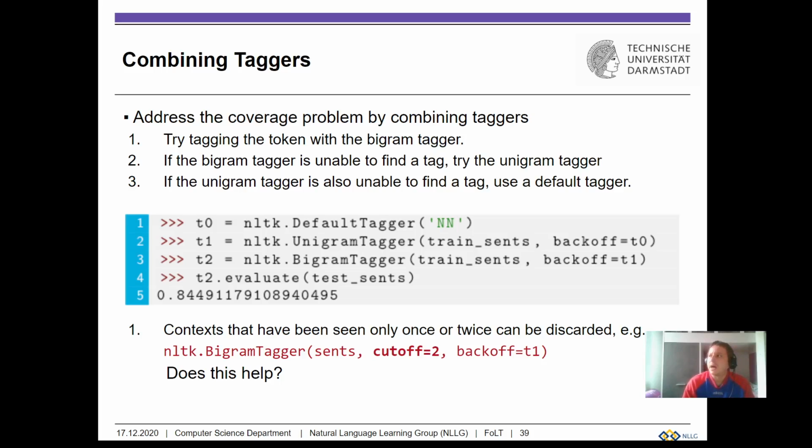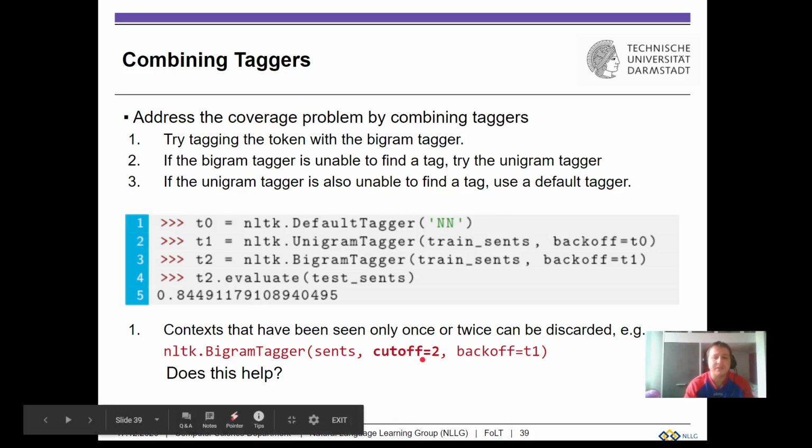Because they are rare phenomena. Maybe they have been mistagged also by the humans. Maybe if we have such low statistical evidence, it is better to trust the unigram tagger instead of the bigram tagger that relies on very low statistical evidence. And you can check yourself if this cutoff does indeed help something.